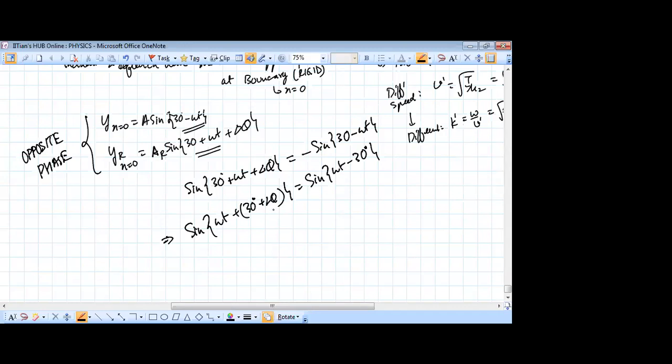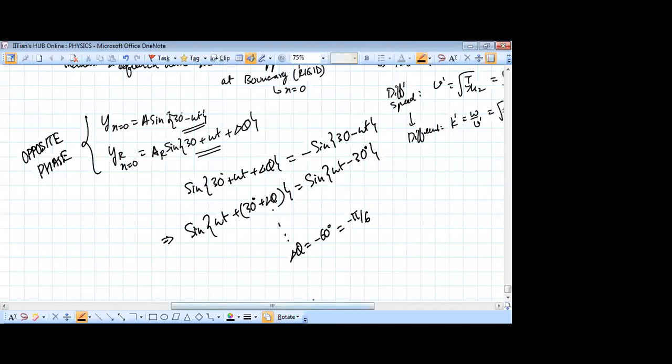So that means this delta phi should be how much? This phase difference delta phi should become how much? It should be minus 60 degrees, or it should be minus pi by 6.